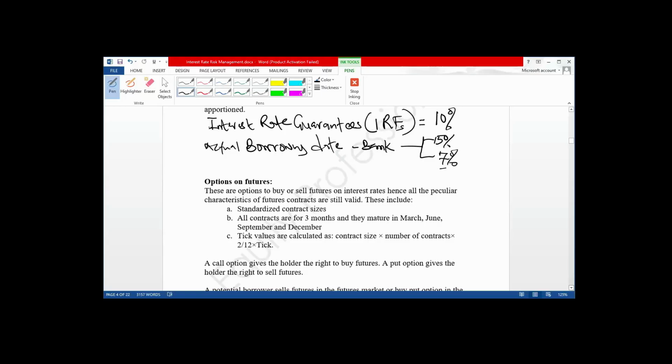A call option gives the holder the right to buy futures.